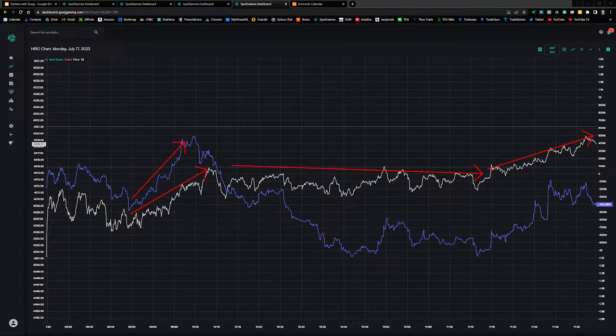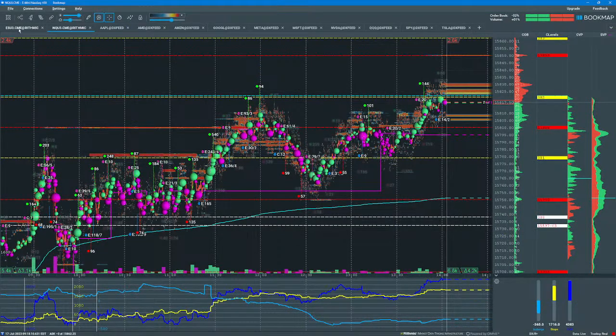All right, let's go take a look at Bookmap at the S&P 500. Go back to ES.